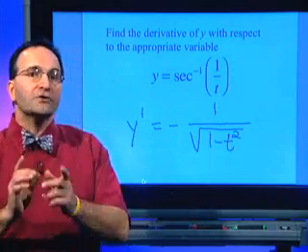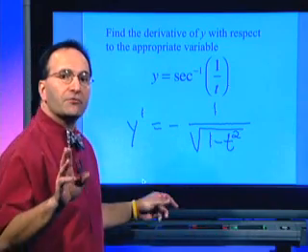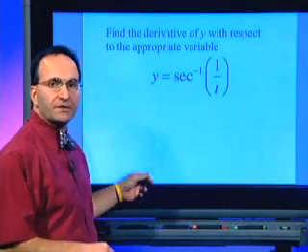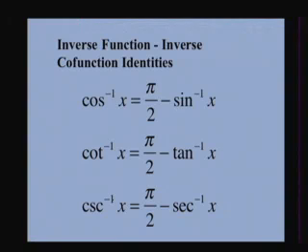Well, let's look at the derivatives for the other 3 inverse trig functions. We are looking here at inverse functions and inverse cofunction identities because they will help us to find the derivatives of these 3 inverse functions. In particular, let's look at cosine inverse first.